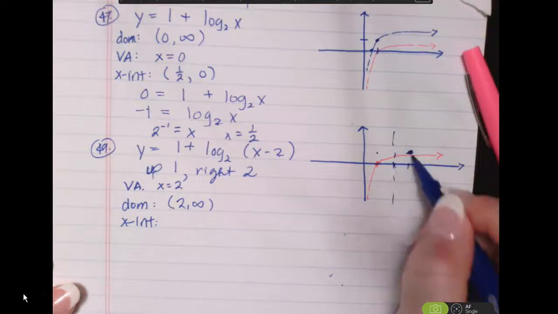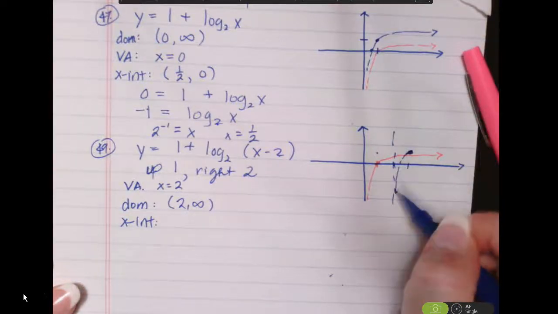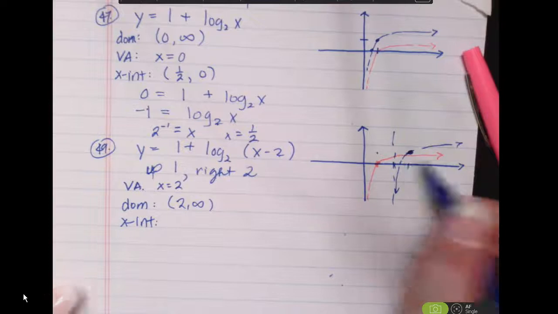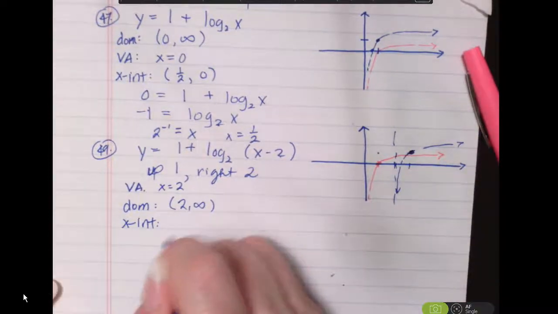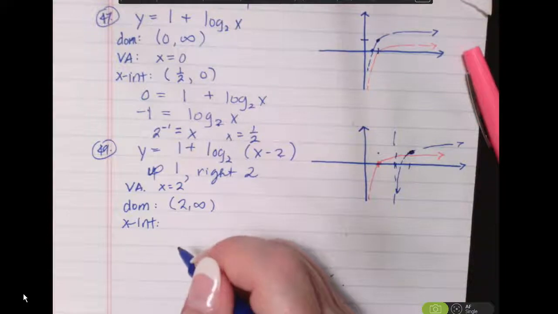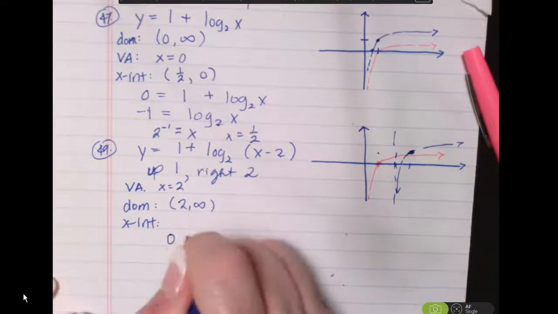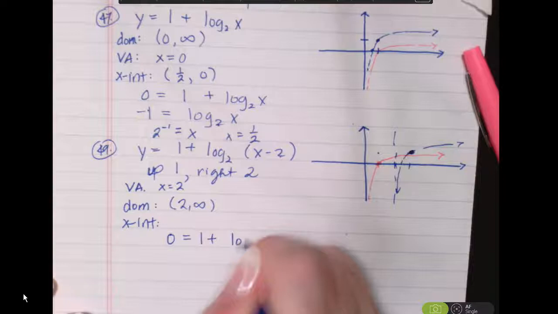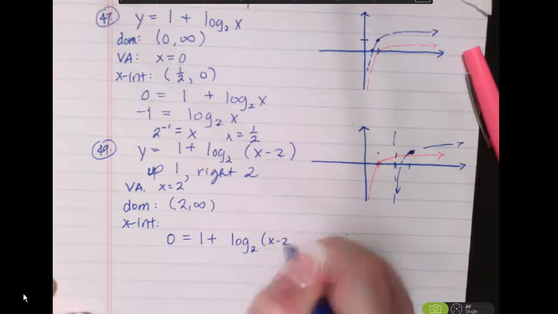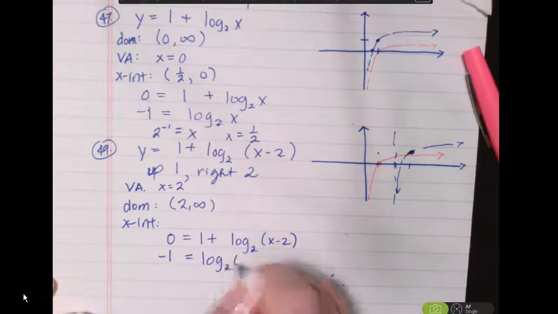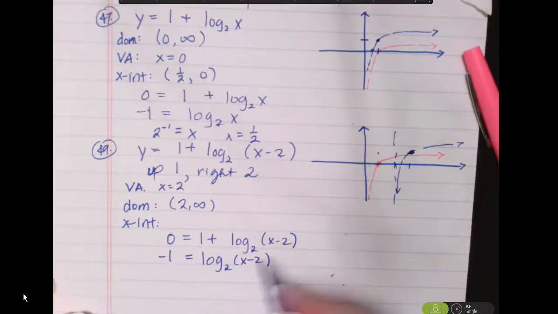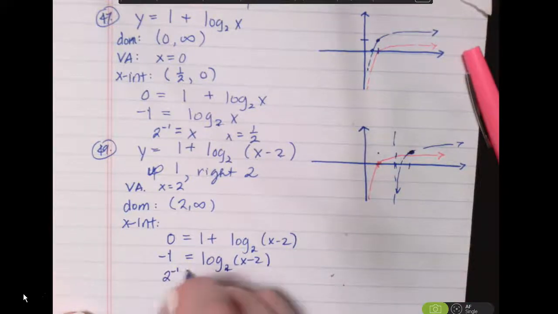So there's an asymptote. Here's where I need to figure out what my x-intercept is. So I'm going to work out my equation again. 0 equals 1 plus log base 2 of x minus 2. Subtract 1. Now I've got 2 to the -1 equals x minus 2.